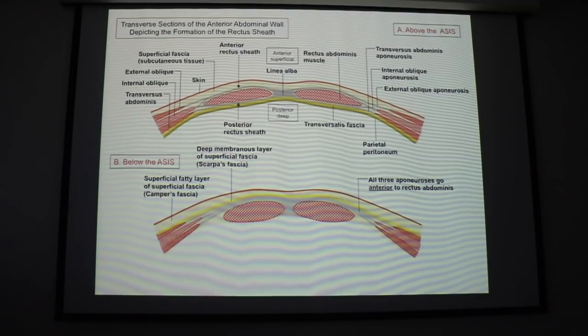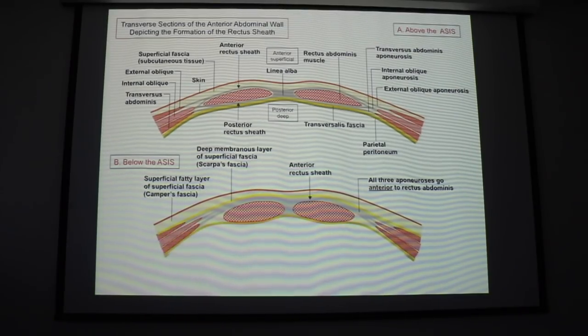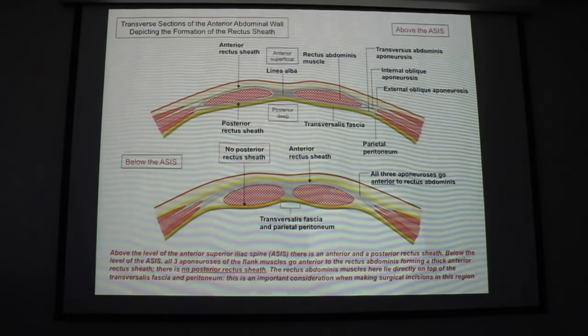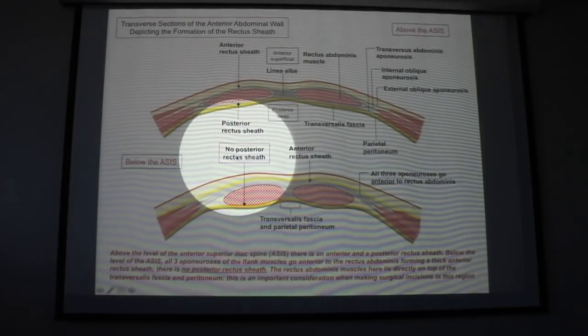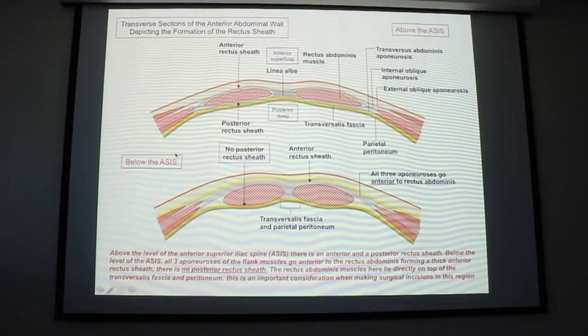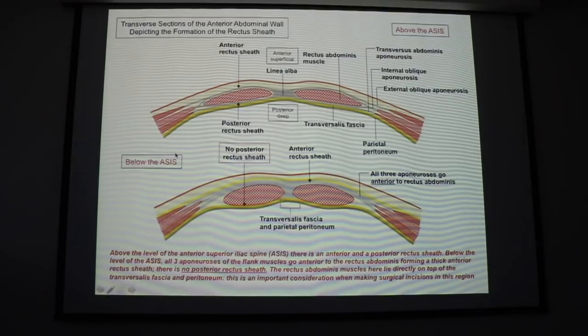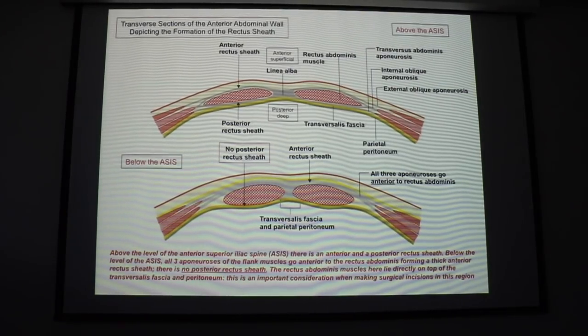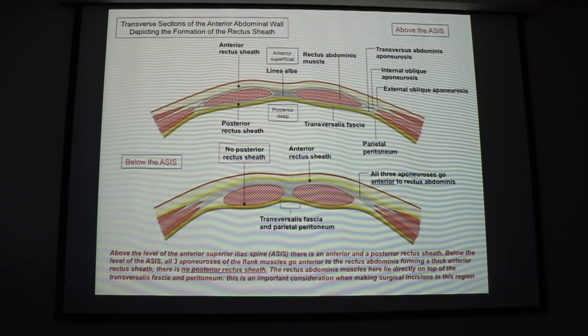That's it. That's the only difference. If you know this much, you score. Nobody stops you. There is no posterior rectus sheath below the anterior superior iliac spine. If you remember this word of mine, be rest assured you have scored.